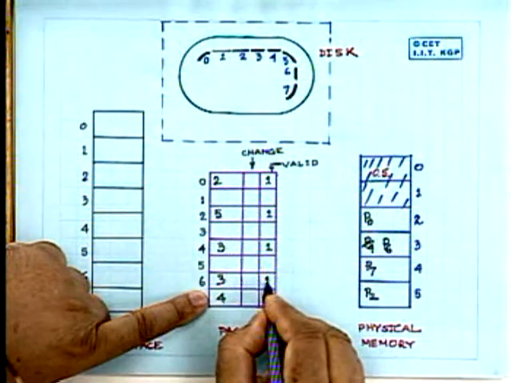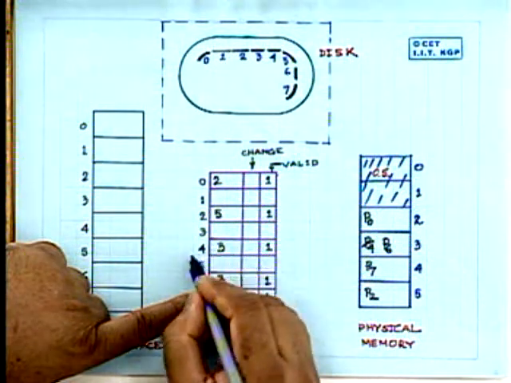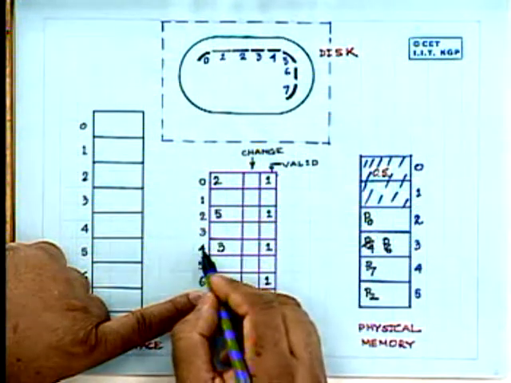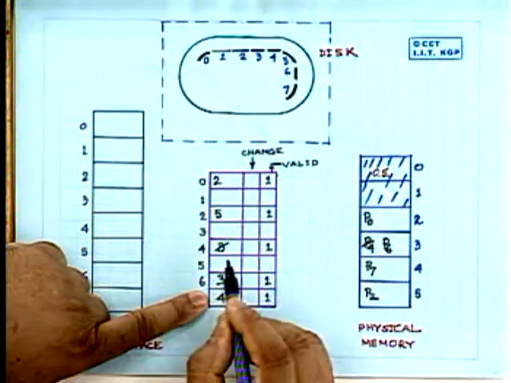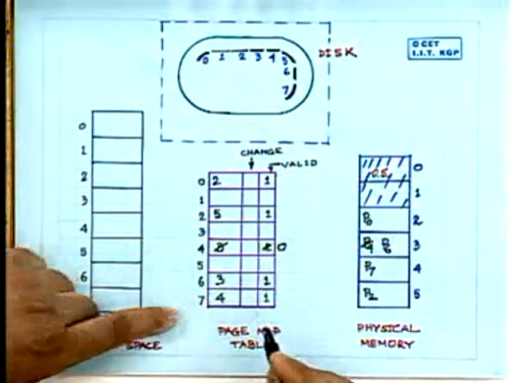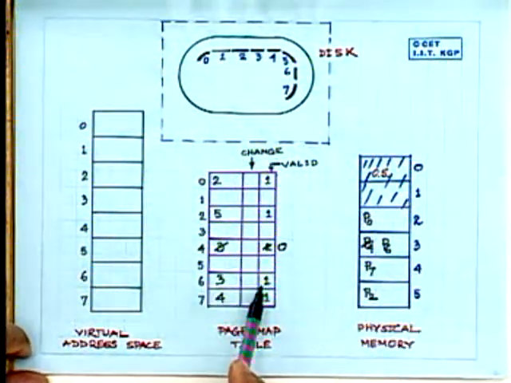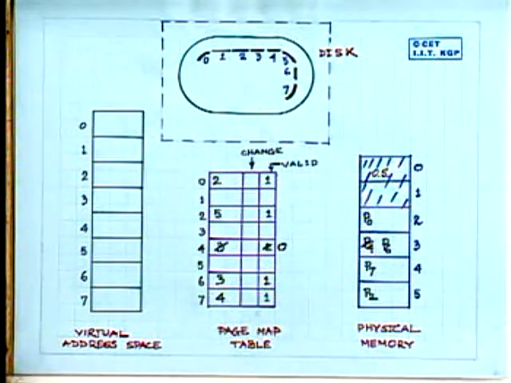This valid bit we make 1, and since page 4 is no more in memory, we make its valid bit 0, which indicates that page 6 is now in frame 3.